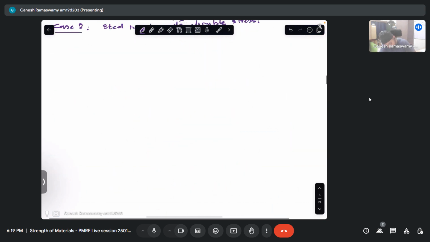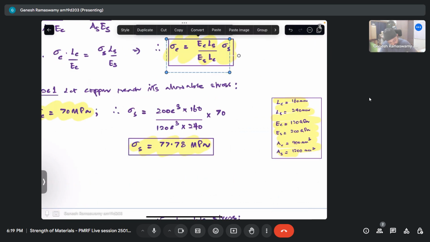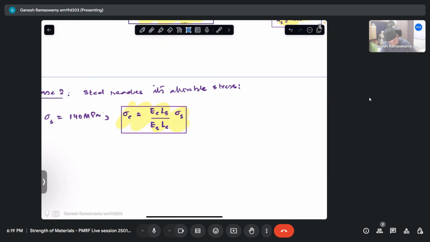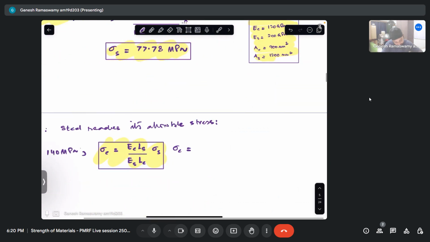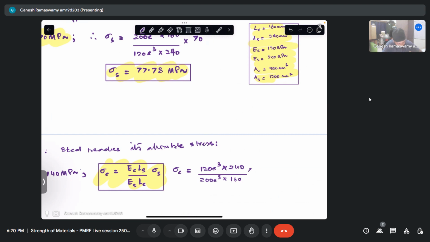In that case, sigma S is 140 MPa. And then using this relation, we'll have sigma C equal to EC, which is 120 E3, into LS 240, divided by ES into LC, which is 160, into 140 MPa.